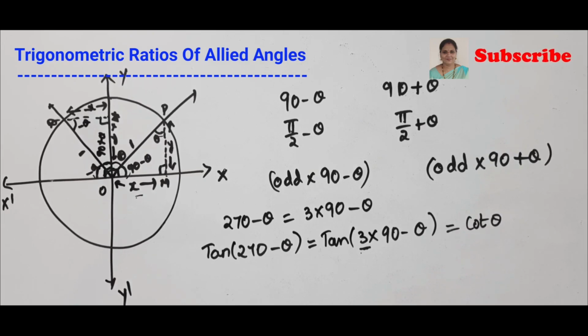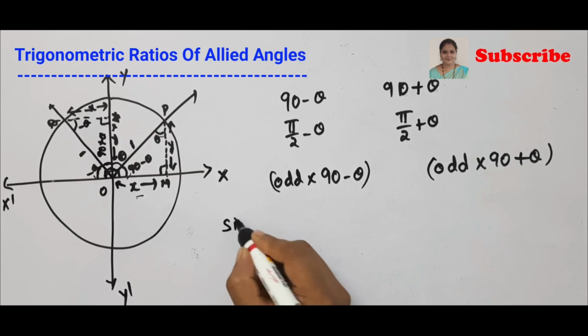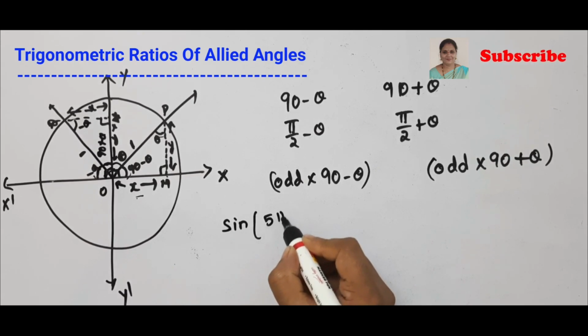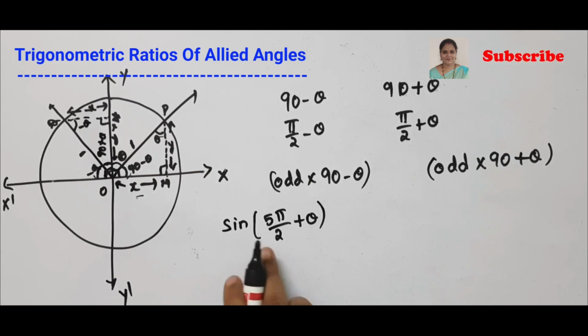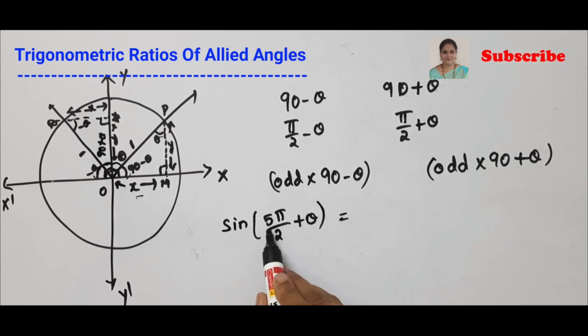Now let us take another example. Suppose we have to calculate sine of 5 pi by 2 plus theta. Here, if you observe, 5 is an odd number, so it is an odd number into 90. So it is clear that sine changes to cos.